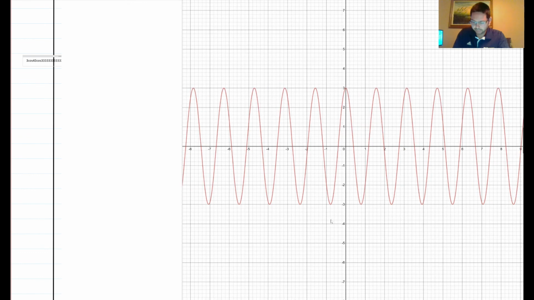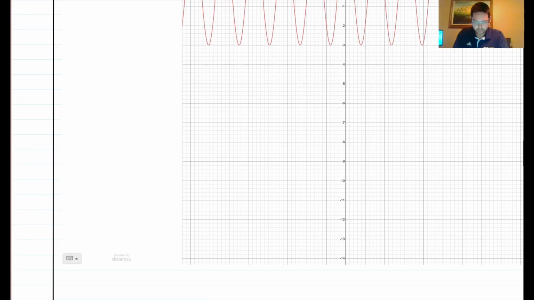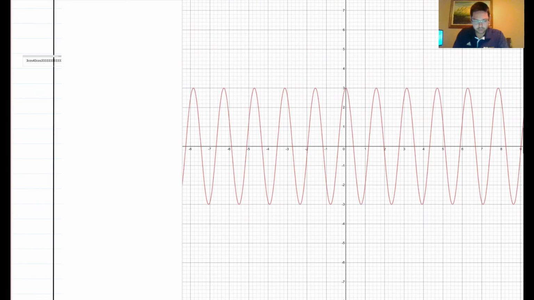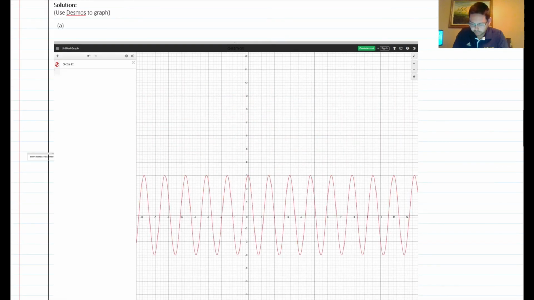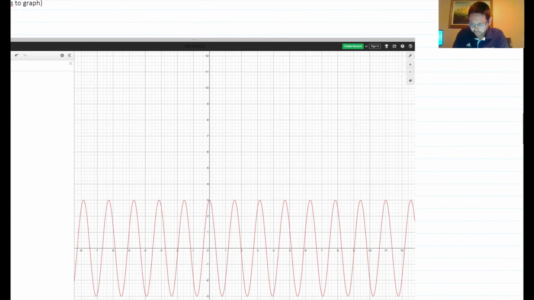So there's our graph. The good thing about Desmos is that you can actually control some of the settings here.